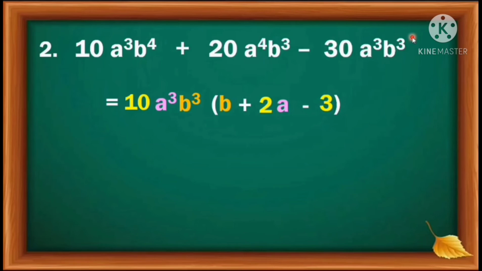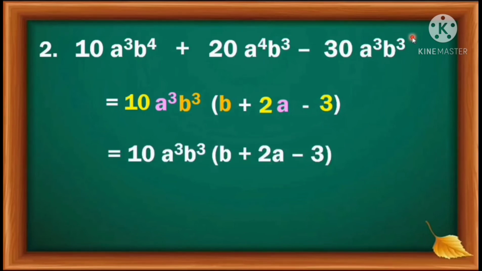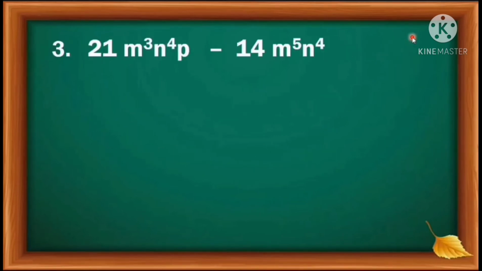Okay, let's have the third example. 21m raised to 3 n raised to 4 p minus 14m raised to 5 n raised to 4. Okay, again, the first thing that we need to do is to get the GCF between the numerical coefficients, which are 21 and 14.